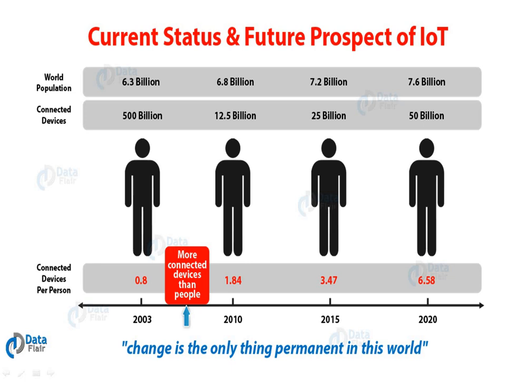So around 6.5, nearing 7 connected devices per person. So this is the current status and future prospects of IoT. More connected devices than people.